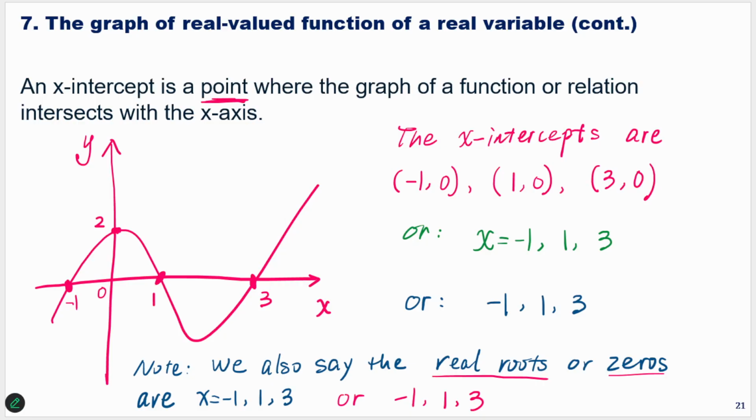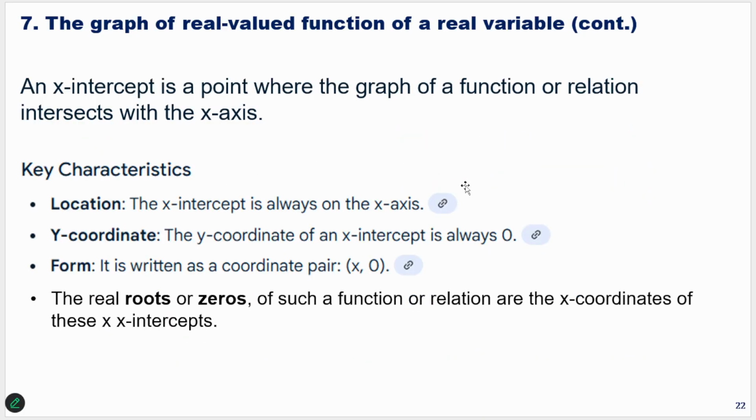Alright, in summary, these are the key characteristics of all the x-intercepts. Location: the x-intercept is always on the x-axis. These points are called x-intercepts. Secondly, the y-coordinate of an x-intercept is always 0.